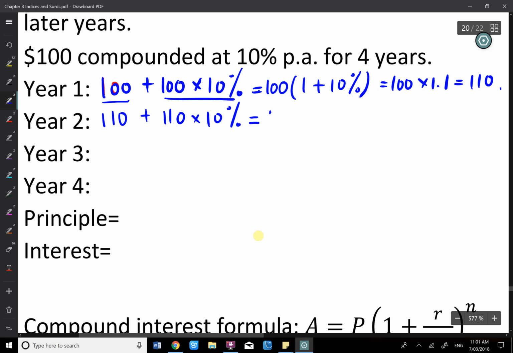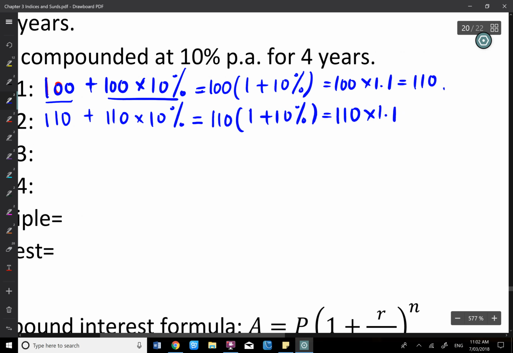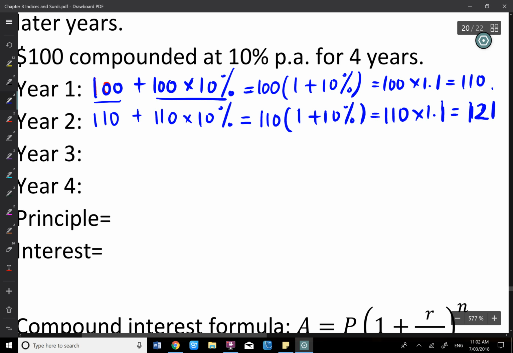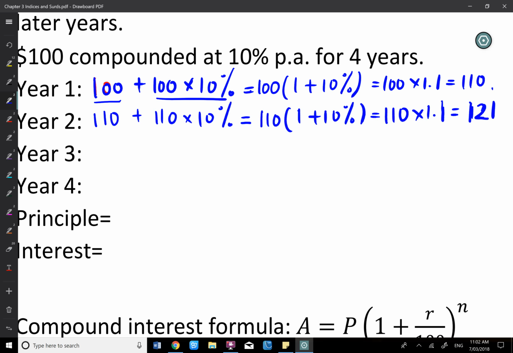It's 110 times 1 plus 10%, and that gives you 110 times 1.1, which is 121. That is 11 times 11; if you remember square numbers, that will be 121. And then the 121 becomes the money you have at the end of the second year.